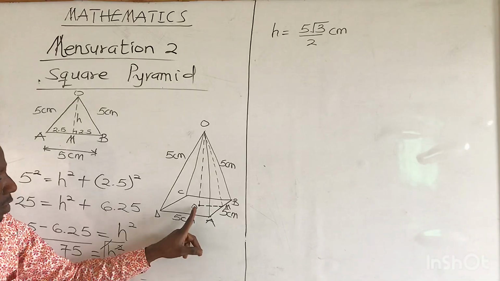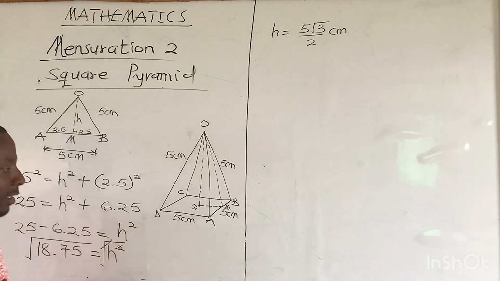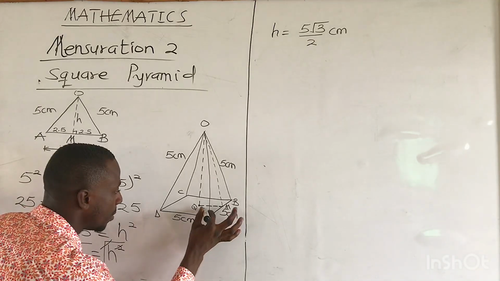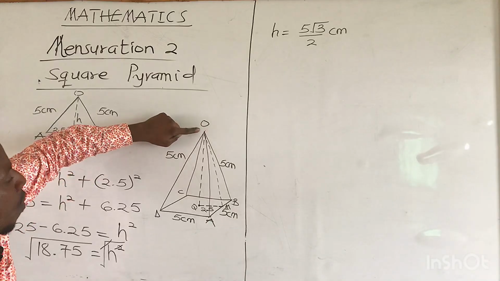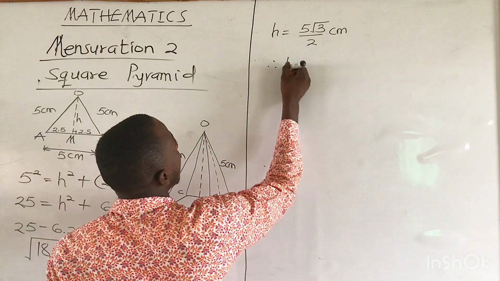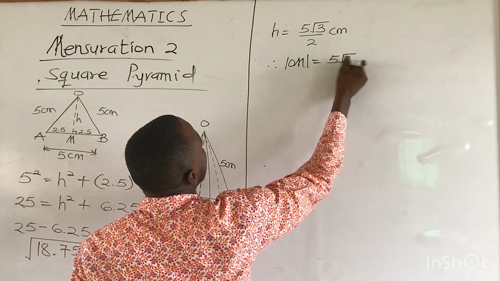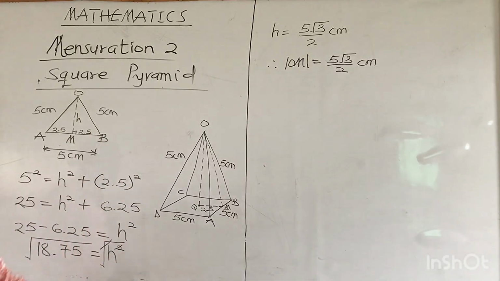And now, because QM is half of DA, it means QM will also be 2.5. So let me put the 2.5 here. Then we have OM. Therefore, OM is 5 root 3 over 2 centimeters, and this OM will be the height of this triangle.